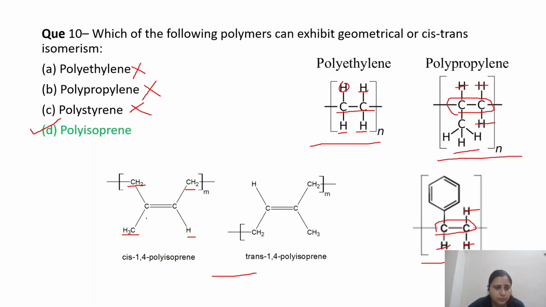Since there are at least two different groups, when there is a rotation around this carbon-carbon bond, when these two functional groups which are the same are at the same side, like here, and these CH3 and H are at the same side, then it forms cis 1,4 polyisoprene. And if it rotates, it will form a non-superimposable image.